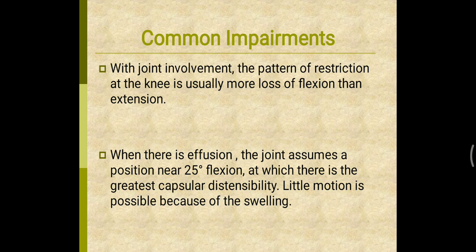So those are with joint involvement, the pattern of restriction at the knee joint is usually more loss of flexion than extension. So as there is osteoarthritis, there will be weakness of the quadriceps muscle. So there will be more loss of range of knee flexion than in extension.